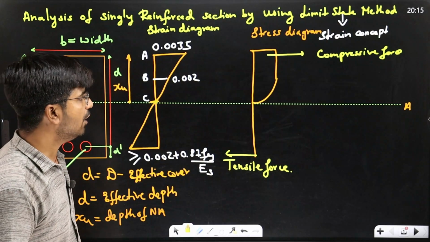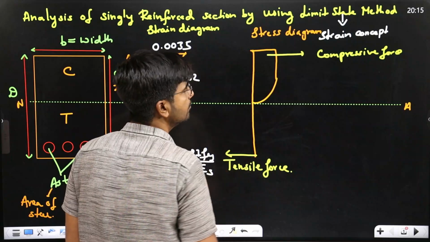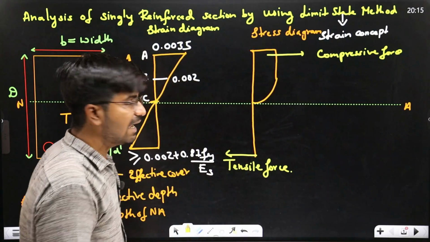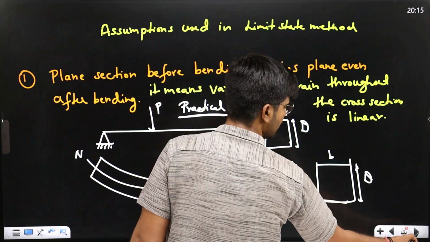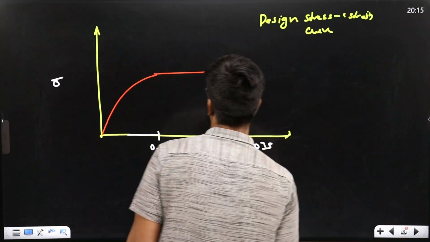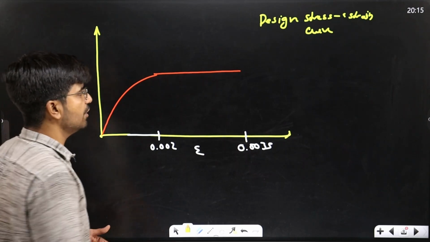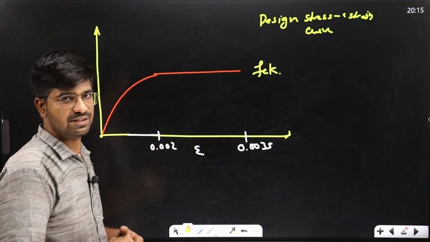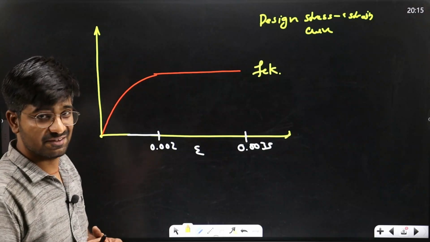Now what we will do is, we have to know this value and this value. What will be the value here and what will be the value here? Then I will explain another thing. We already know that the characteristic compressive strength of concrete is fck, meaning the strength below which not more than 5% of test results are expected to fail.